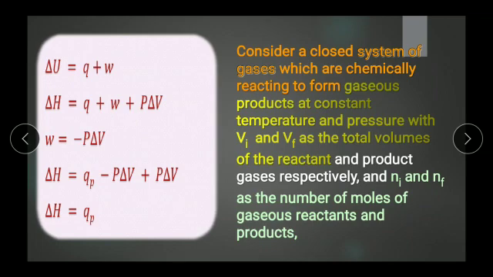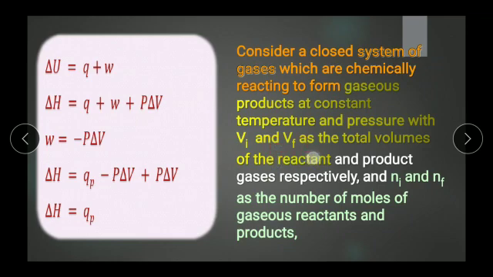Now we consider a closed system of gases which are chemically reacting to form gaseous product at constant temperature and pressure. What is the condition? At constant temperature and pressure, the closed system of gases undergoes a chemical reaction and gives us gaseous product.